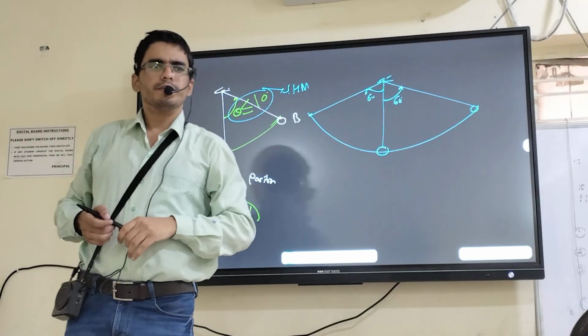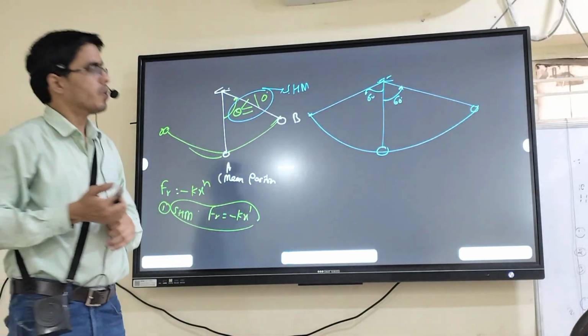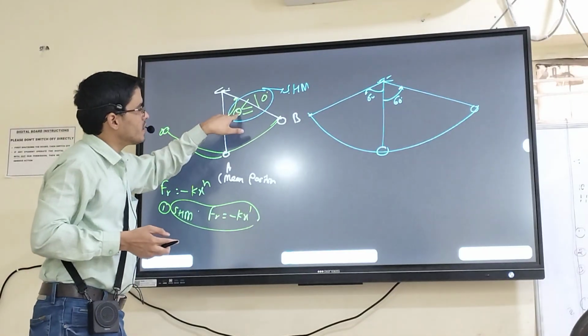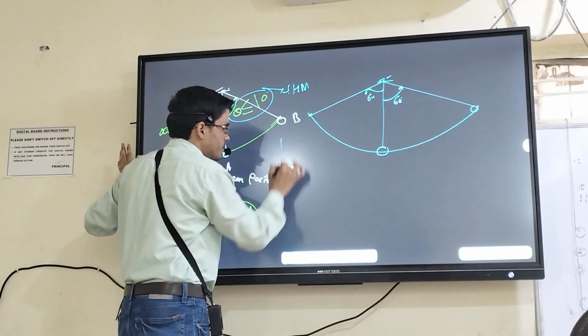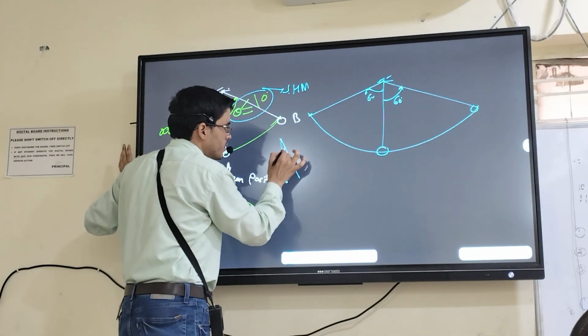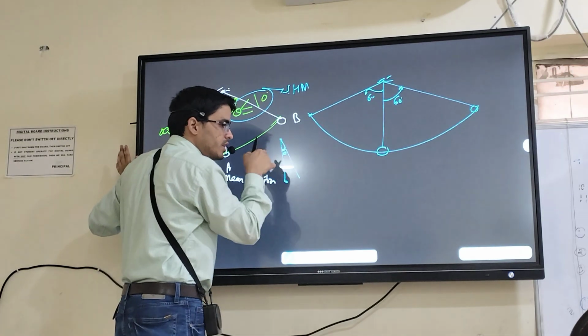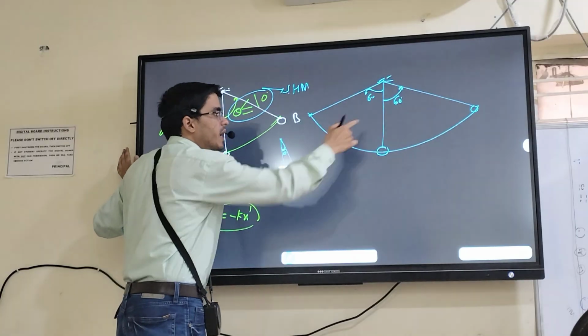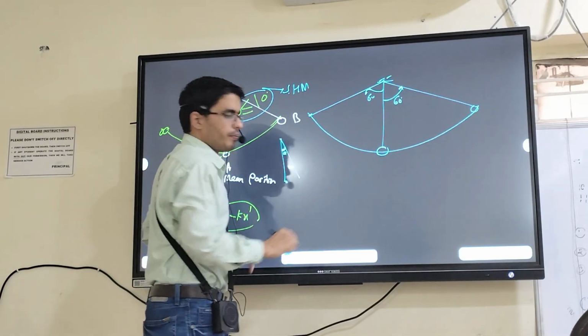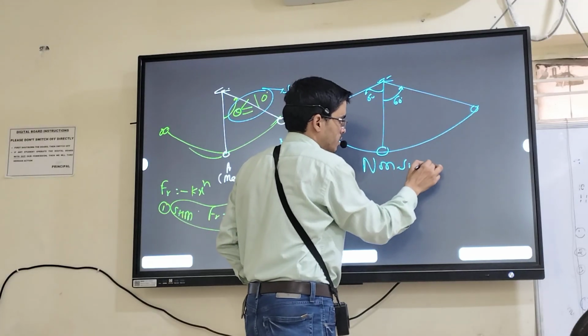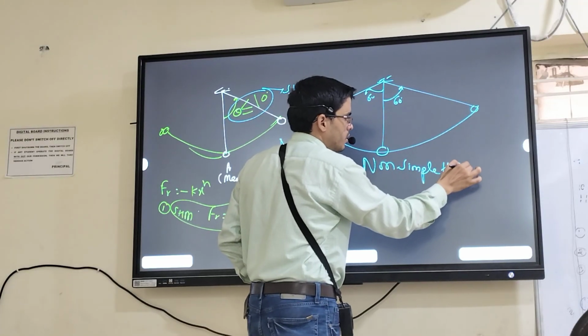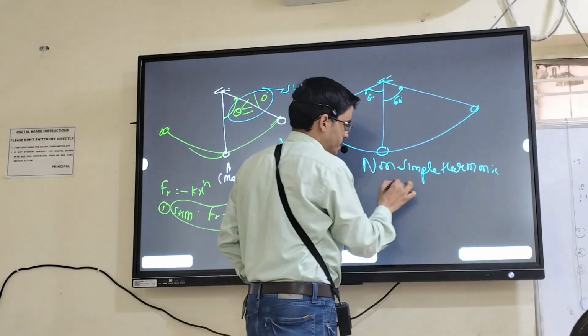Sir, how much will this go? That is also the same. See, the theta value is very less. I have drawn here a very small theta. Theta very small is called simple harmonic motion, and that very large one is non-simple, because theta is very large.